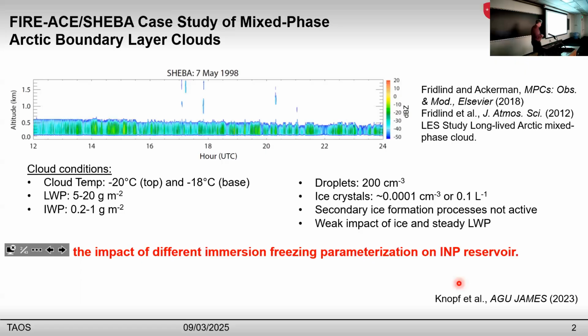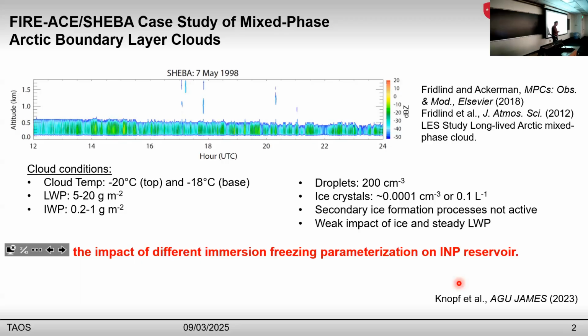So I'll cut right to the chase. I'm a laboratory guy, so I ventured into this modeling. And I would say this is the simplest mixed phase cloud we have on record in our community. It's a SHEBA case. It's a mixed phase cloud, just 500 meters above sea ice. Ocean is closed, no sea spray, no additional aerosols.